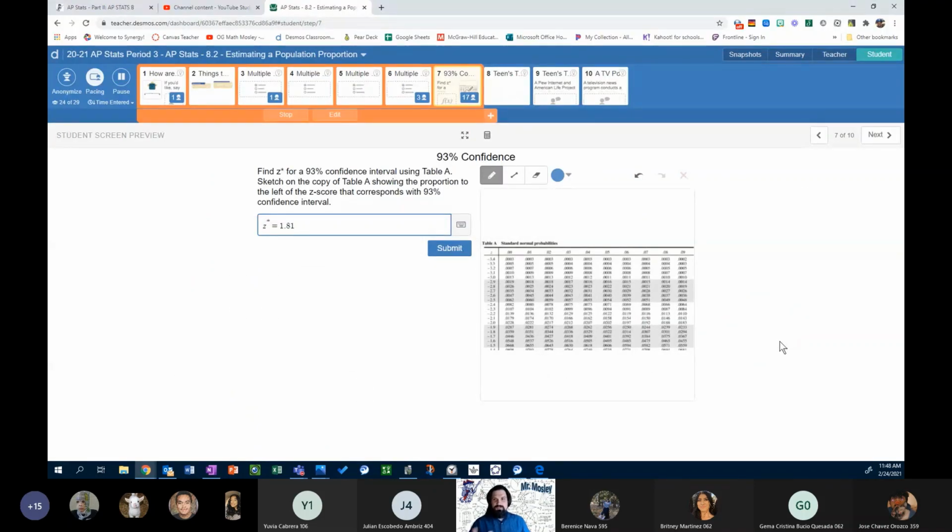So again, part of this is just getting more familiar with table A and how to use it.